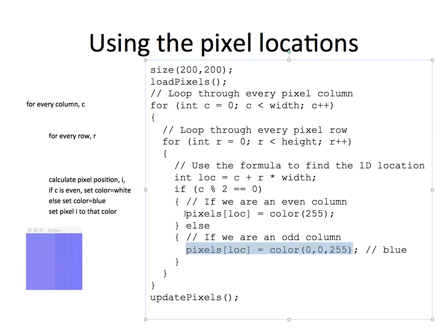So here we basically say the pixel is white if we're in an even column, otherwise the pixel is blue if we're in an odd column, and we iterate over every row, and then we move to the next column. And once that's all finished, we simply update the pixels again to do the refresh.